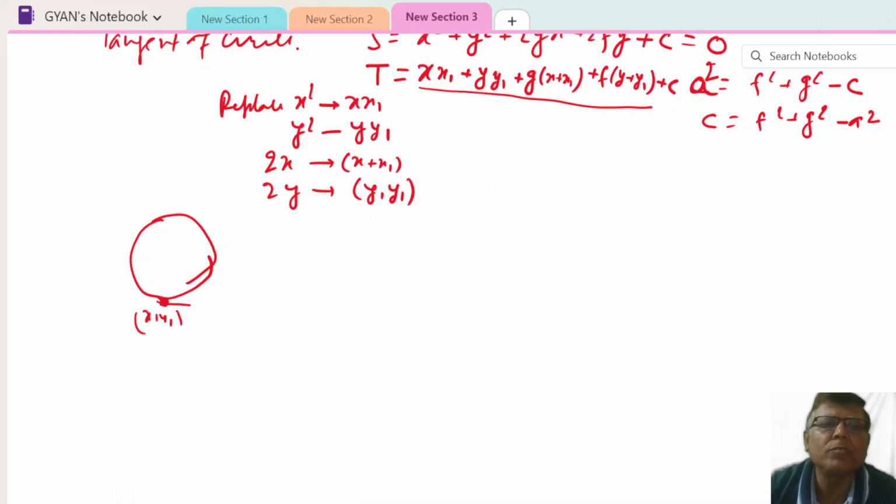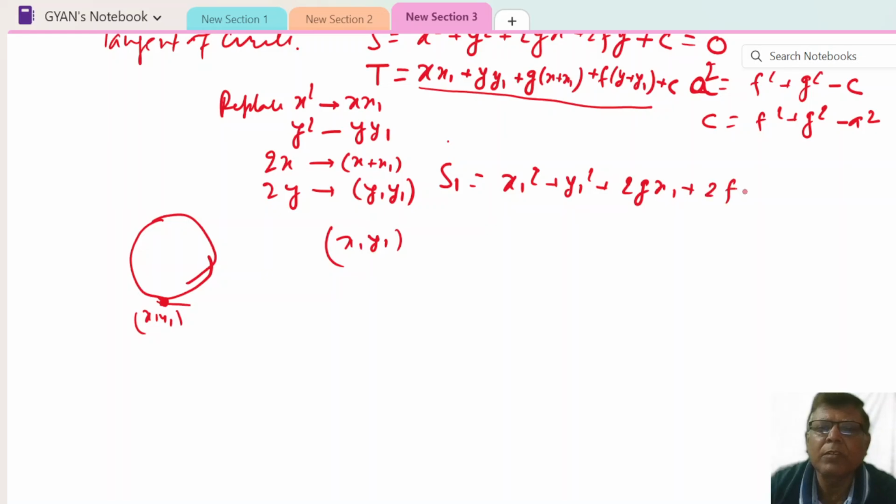Now S1, what is S1? S1 is what you get when you put the value x1 y1 in the circle: x1 square plus y1 square plus 2gx1 plus 2fy1 plus c.